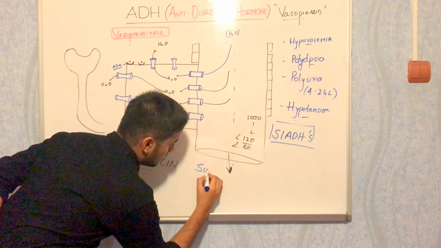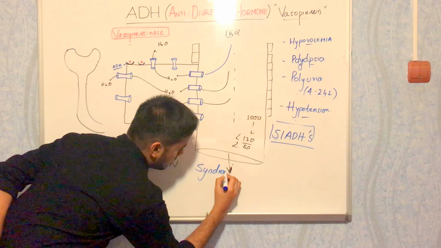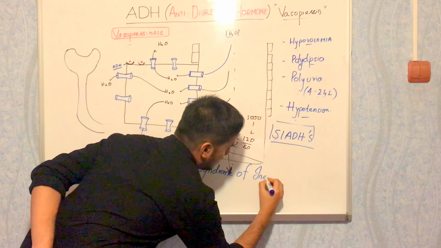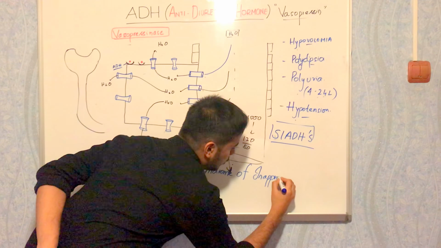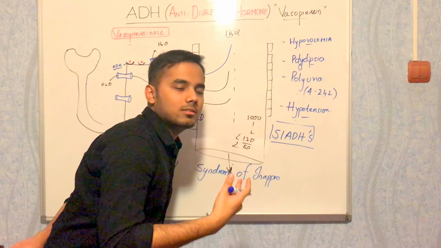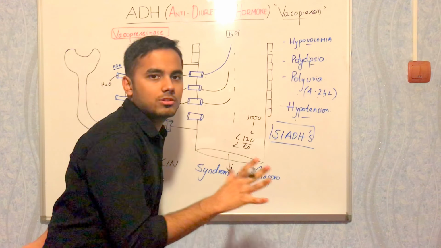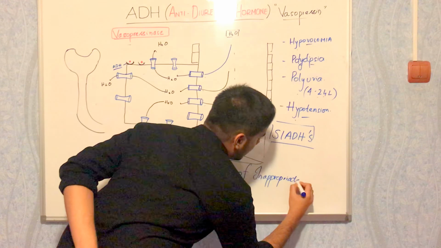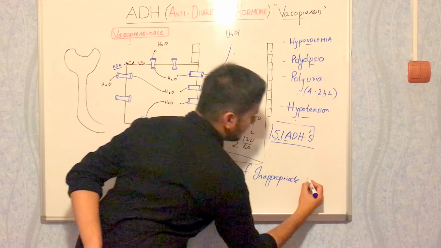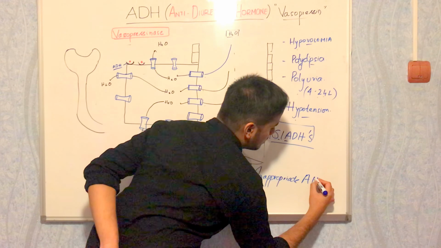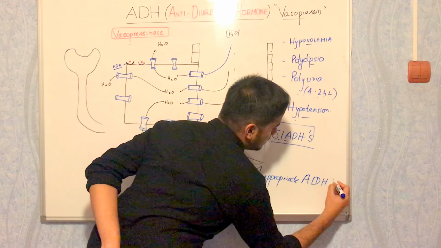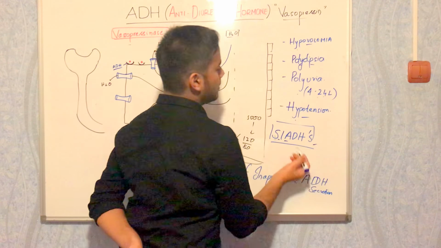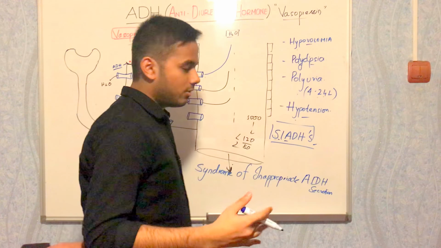Inappropriate means no proper release of ADH, an abnormal release of ADH, a heavy rush of ADH release. Syndrome of inappropriate ADH. This syndrome I will discuss later, because it is an important syndrome and I need a lot of time to talk about it.